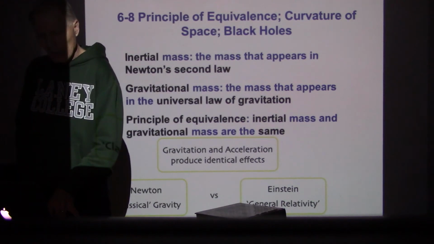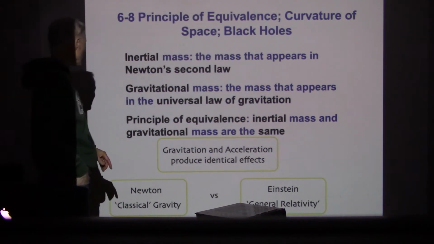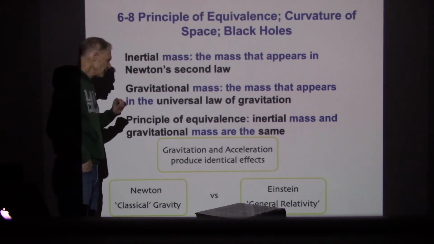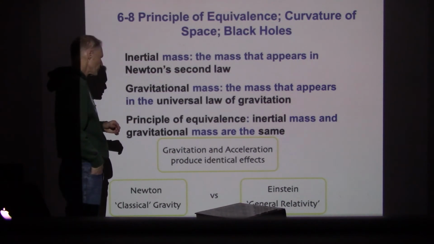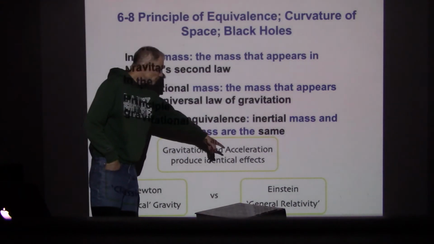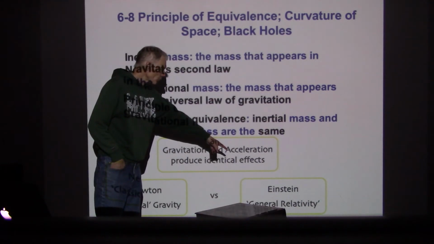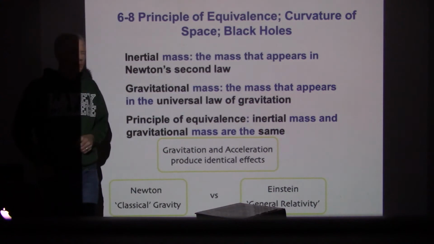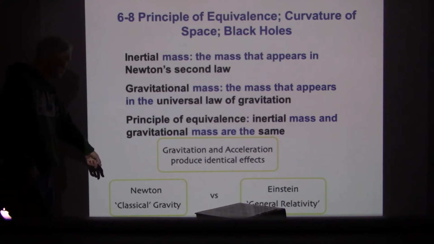Now, a couple of other things we can talk about here. We mentioned earlier, in the first half today, that we have a better set of formulas for gravity. We have Einstein's general relativity, compared with the formula we're using as Newton's classical gravity.